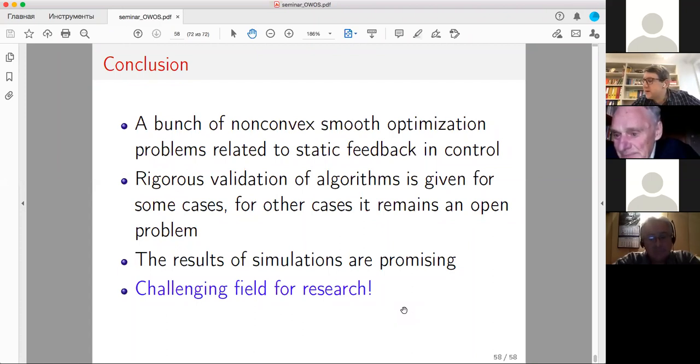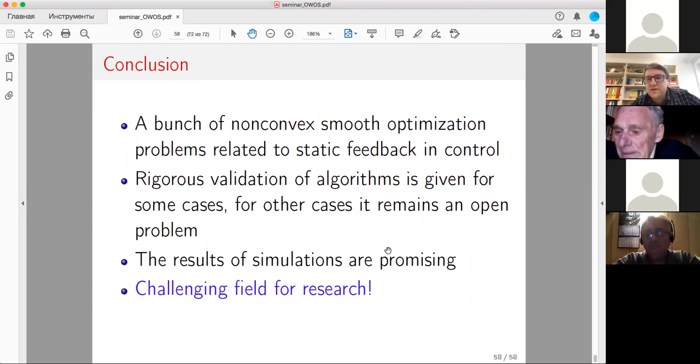Then let me ask the first question. In the second part, where the gradient domination property was missing, I guess the aim was not to converge to a global optimum, but then I guess that the convergence there is only along subsequences.